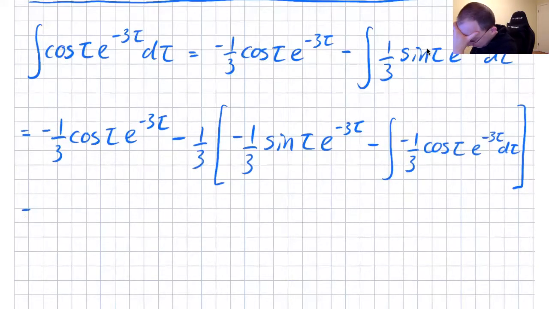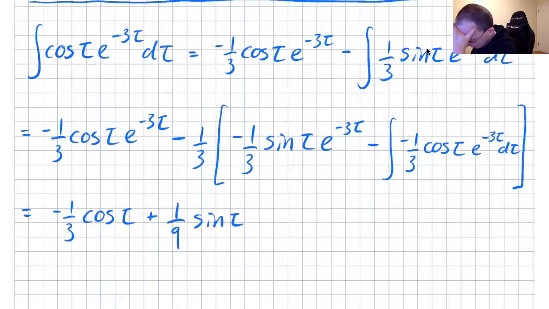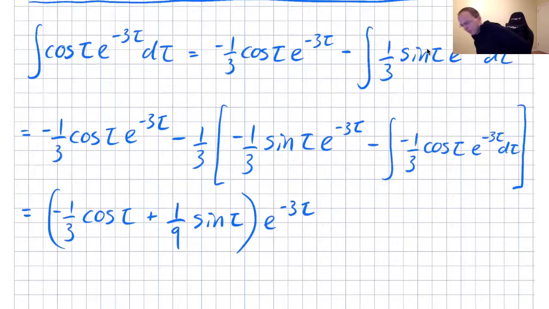Great. So now we can simplify this. Minus 1/3 cosine tau plus 1/9 sine tau, and that's multiplied by e to the negative 3 tau. Okay.